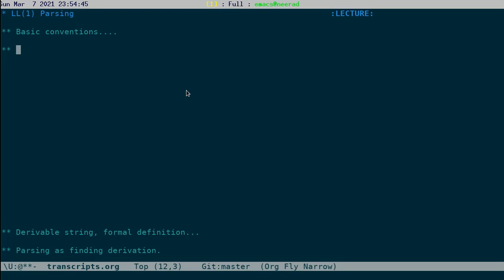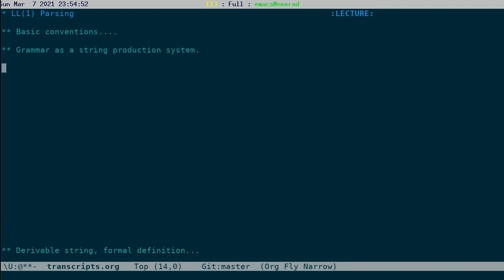The grammar can be considered as a string production system. How is that? So consider a string in sigma, that is a string of symbols, terminals and non-terminals.